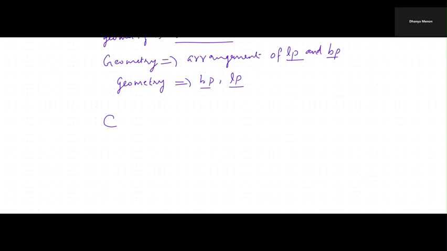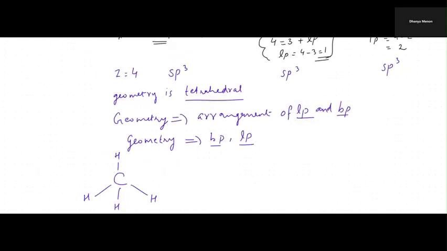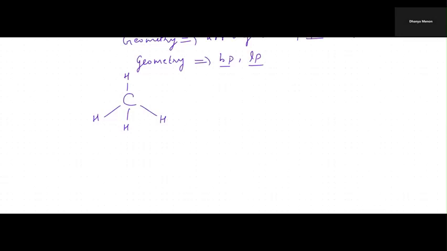Okay, now here, carbon. Suppose I draw a methane molecule here, the tetrahedral structure of methane. And we just calculated over here that methane has 4 bond pairs. So methane, 4 bond pairs, 0 lone pair. We calculated this just now. 4 bond pairs means 1, 2, 3, and 4.